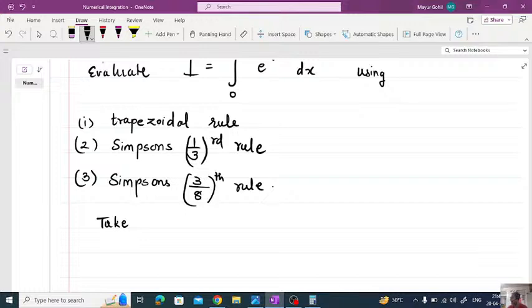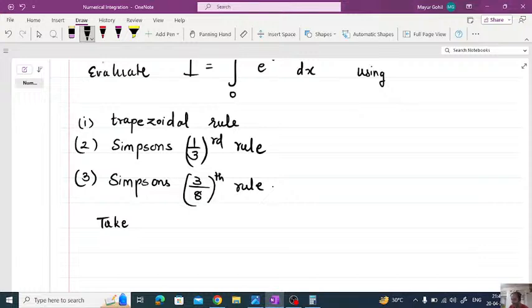This is our first question. So let us take n equal to, or take h equal to, oh yeah, we will need 6 or 12.